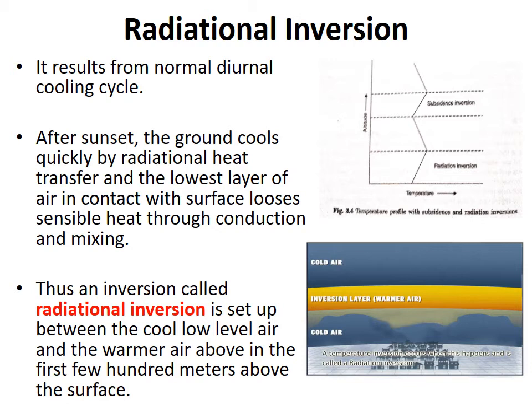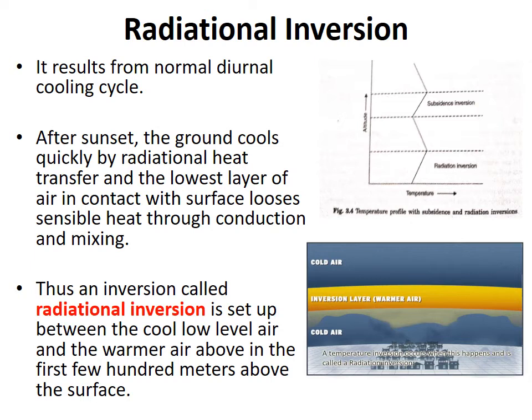Radiational inversion. It results from the normal diurnal cooling cycle, that is the day and night cycle. As we know, during the early morning, the temperature of the Earth's surface will be less. But as the sun comes up and we reach afternoon, the surface of the Earth becomes warmer, and till the sun sets, it will remain warm.